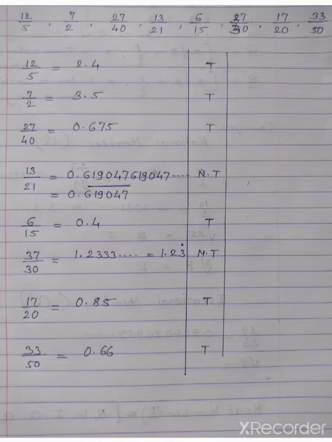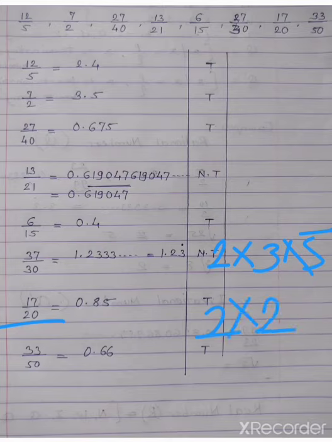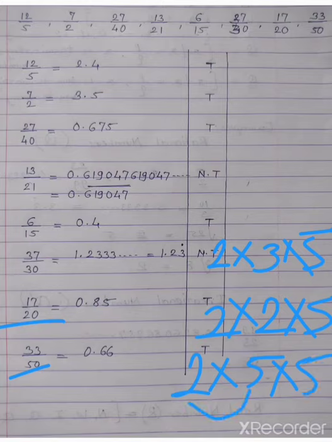Write down the smallest prime number first, which is 2, then 3 and 5. You can simplify 20 also. 2 into 2 is 4, and 4 into 5 is equal to 20. Similarly, use here 2 into 5 into 5. 2 5s are 10, 10 5s are 50.